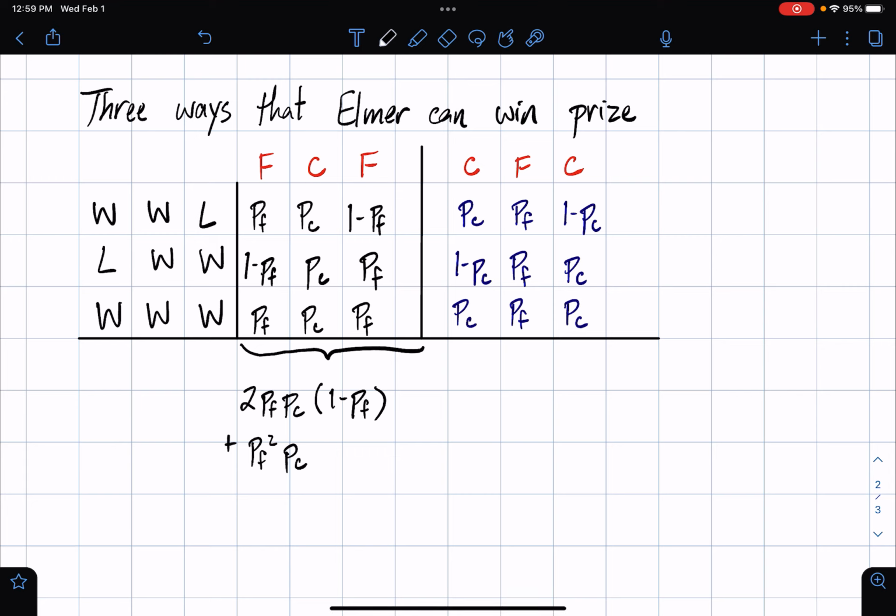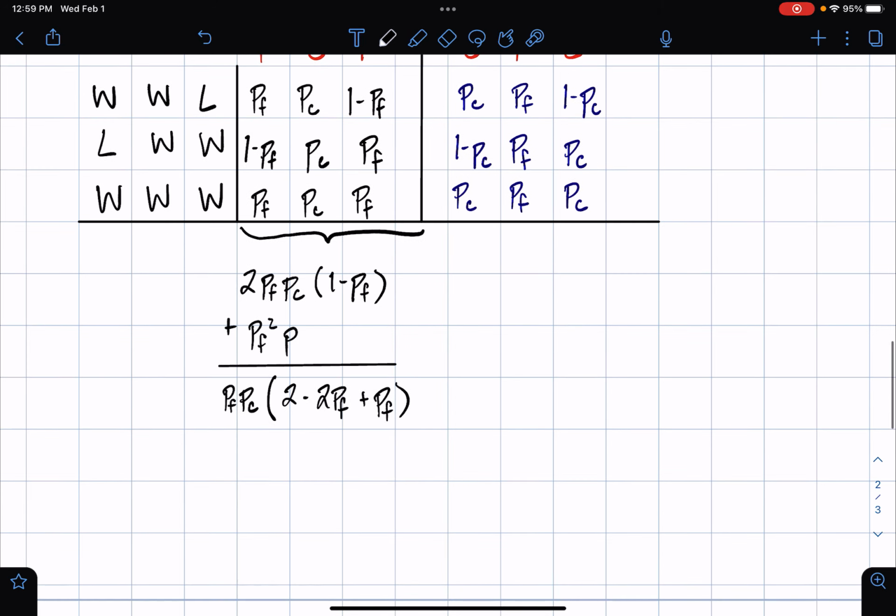And now what I want to do is factor out the PFs and recombine. Okay, and what we're going to get here is PF PC times 2 minus 2 PF plus PF, and that is going to be equal to PF PC times 2 minus PF.